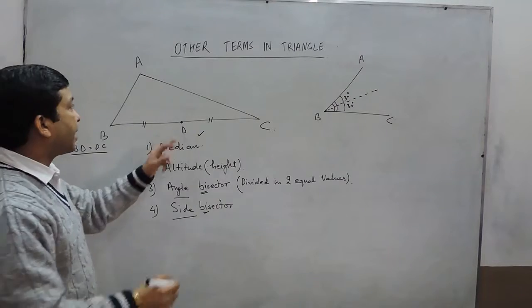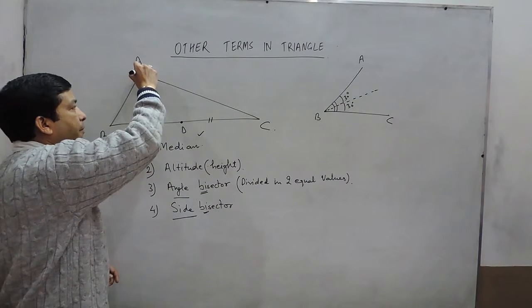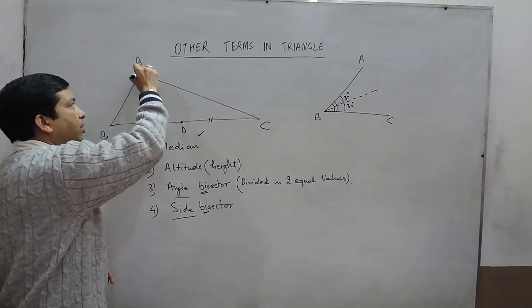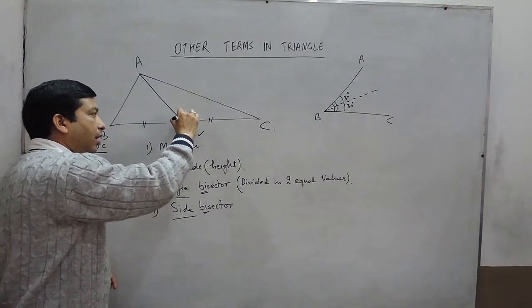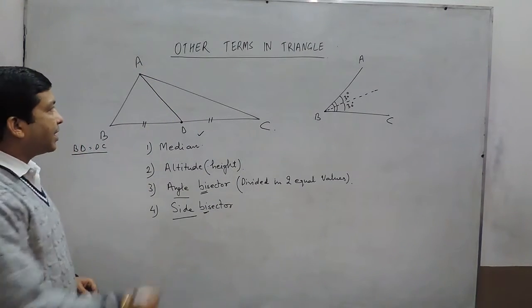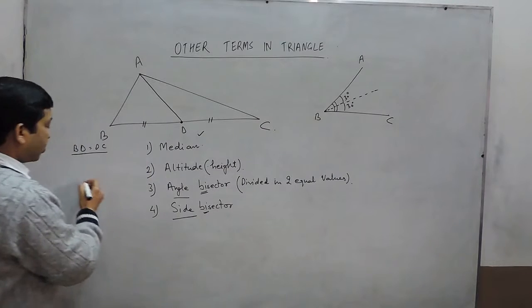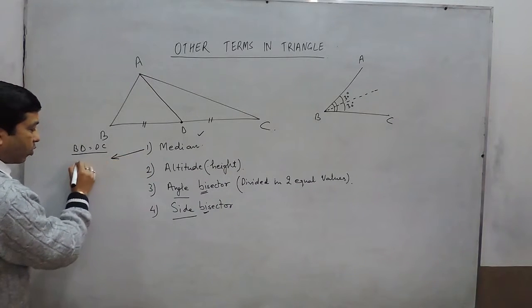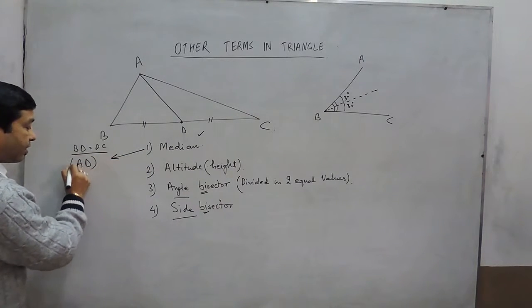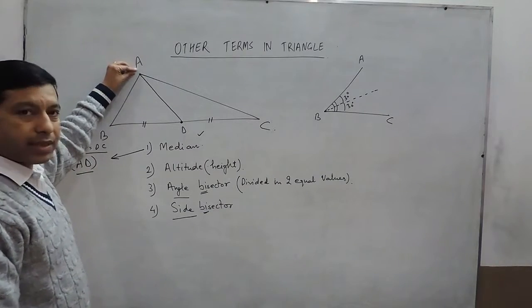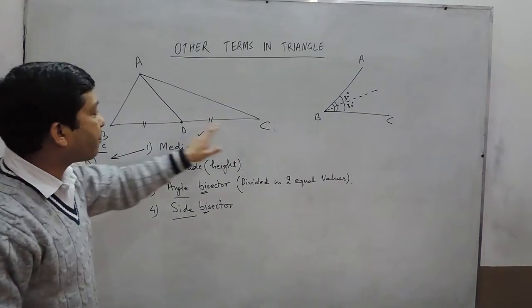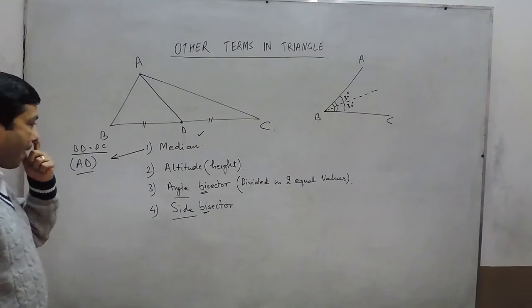Then a line from A to the midpoint of the line opposite to it is the median. So here the median is AD, where A is one of the vertices and D is the midpoint of the side BC.